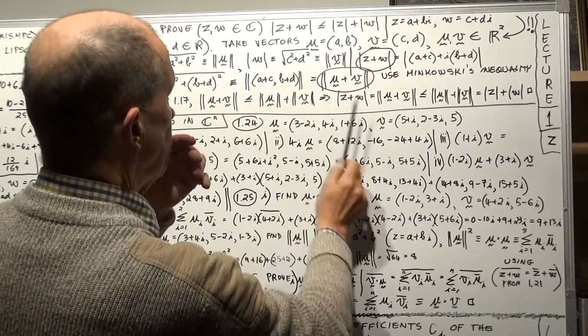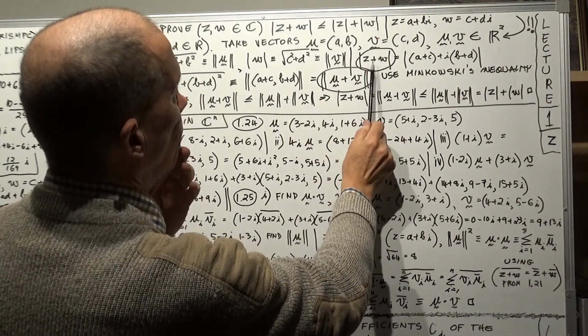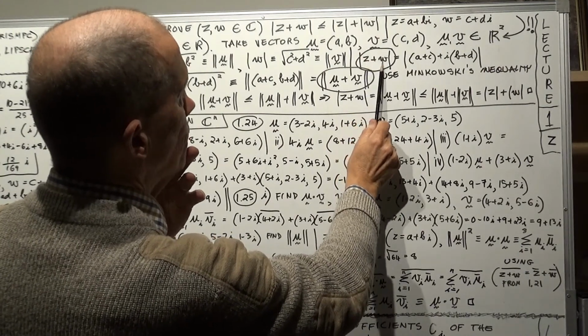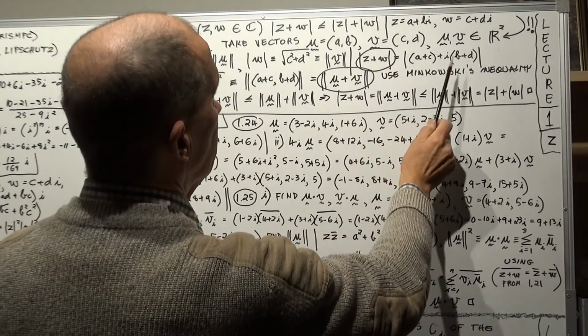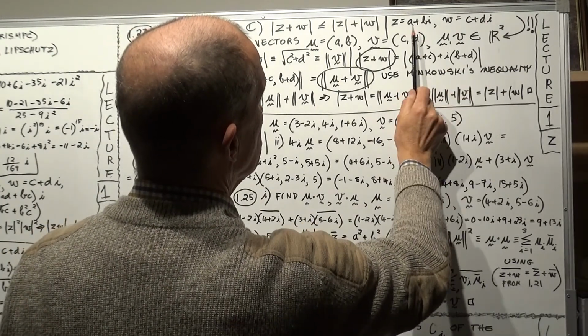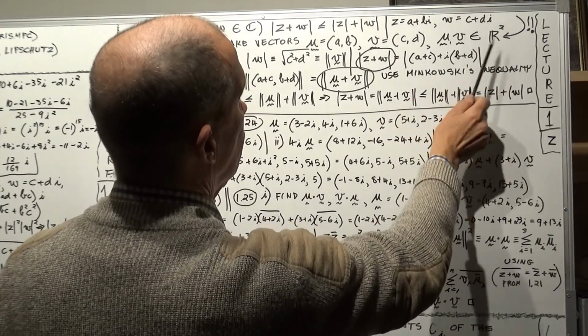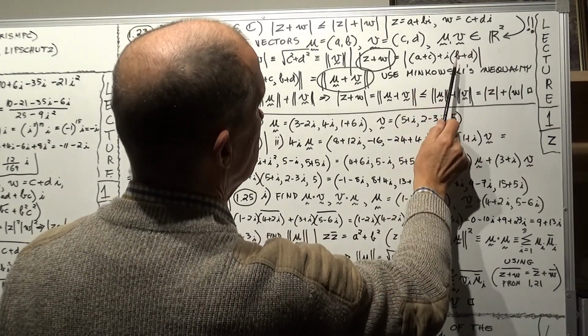So let's work on the left-hand side. Start with this. So this is the mod of the sum, the mod of z plus w, which is the mod of this. You take them from here. You just add the reals, so you get a plus c, and you add the complexes, so you get b plus d times i.